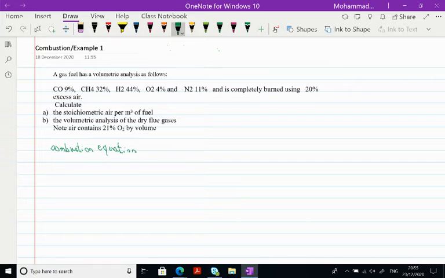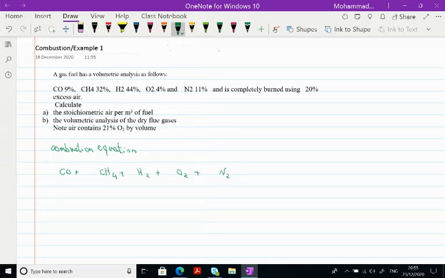Over here, the fuel elements are CO plus CH4 plus H2 plus O2 plus N2. So these are the fuel elements.